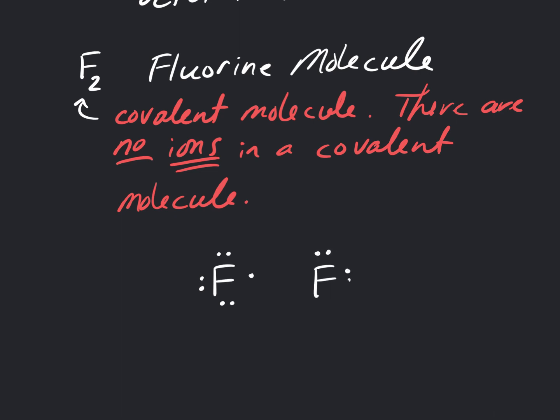Pair of electrons, pair of electrons, pair of electrons, and here I've got one last electron in the outer shell. This is what's going to happen, okay? Let me just restate that. These two electrons are going to pair up. These electrons are going to be shared by these two atoms of fluorine, okay?